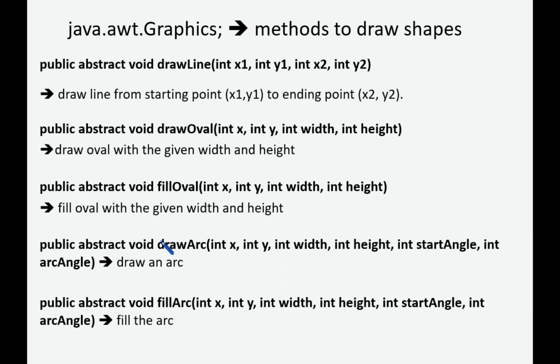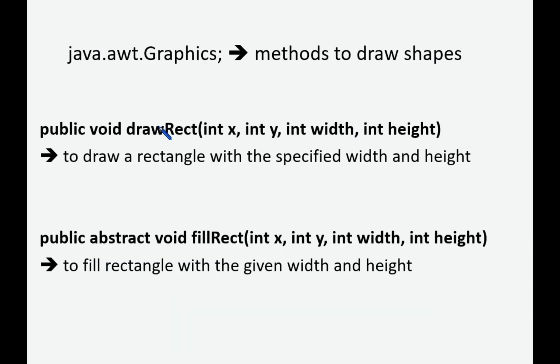Similarly, we can draw an arc and fill an arc by using drawArc and fillArc methods. See the arguments for an arc: x, y, the top left corner, followed by width and height and two angles, namely the starting angle and the arc angle.